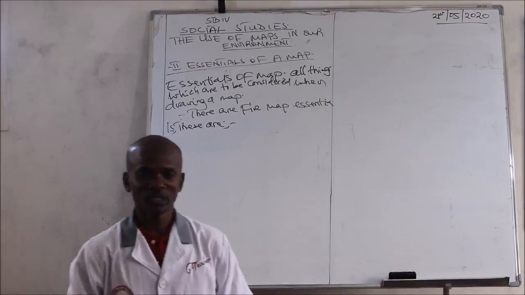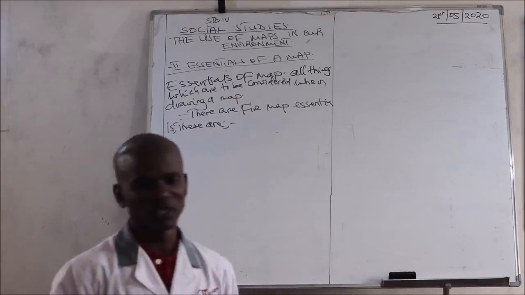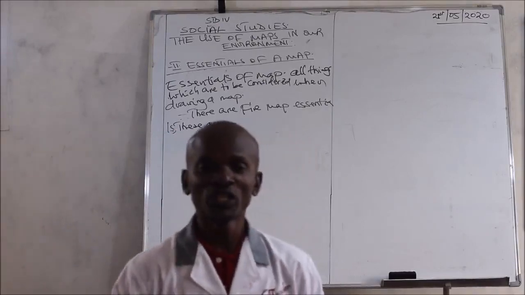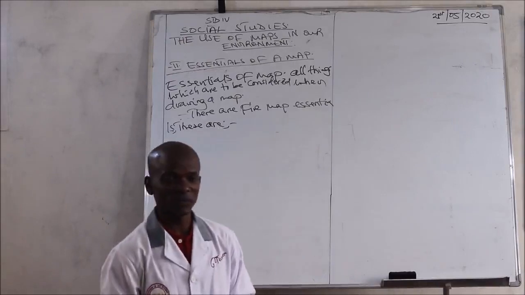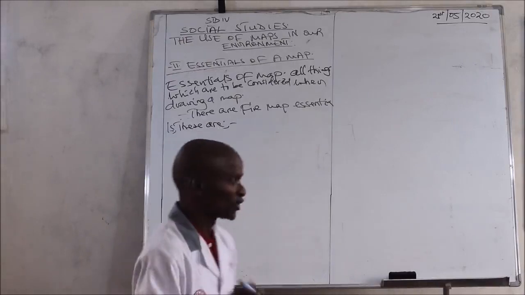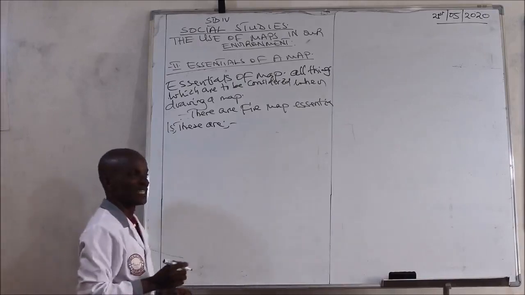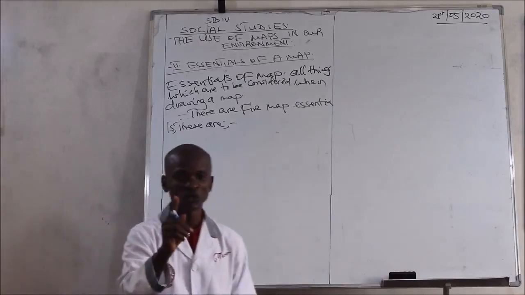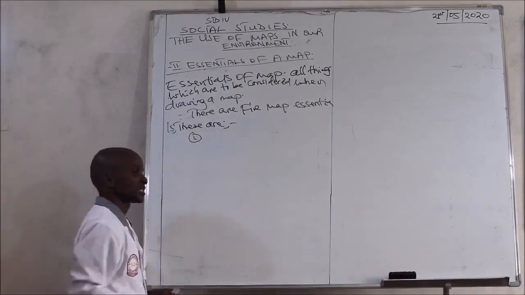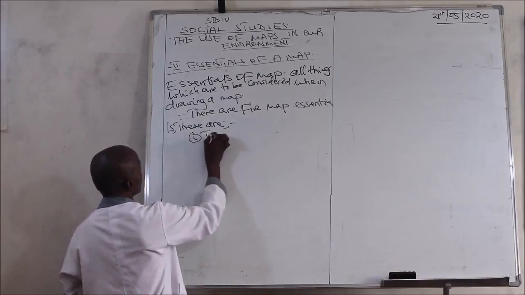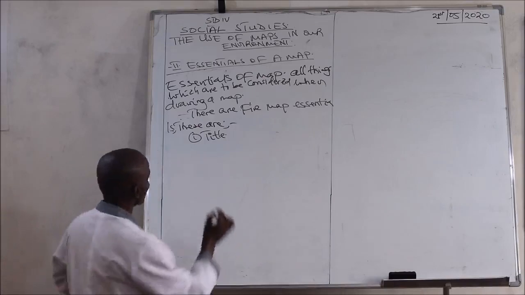Now, when we say draw the map of Tanzania for instance, draw the map of Fountain of Joy, draw the map of Agade, draw the map of Dar es Salaam, the first thing is to make your map identified, what kind of map you are going to draw. So first you think about what we call the map title.